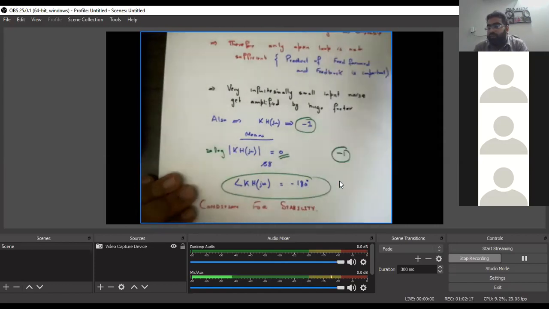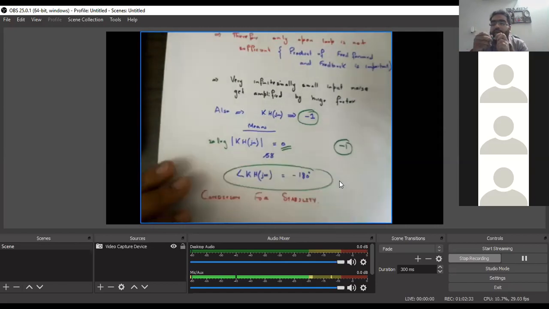This is the main condition for stability. That's why the Bode plot is very helpful to see both magnitude and phase together. The magnitude tells us whether the value is 1 or not, and the phase tells us what the phase is. For example, for a two-pole system, we can have -180 degrees.